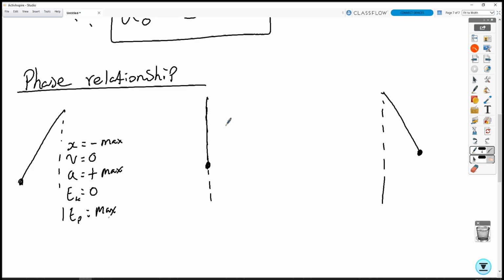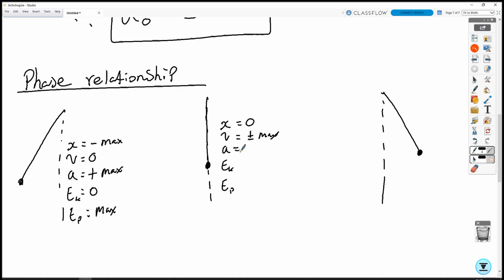Then in the center, we do the same thing: x, v, a, Ek, Ep. So in the center, it has no displacement, so that's 0. Its velocity, depending on which way it was coming from, if it was coming from the left, then it's going to have positive velocity. If it was coming from the right, it's going to have negative velocity. So it's plus or minus max.